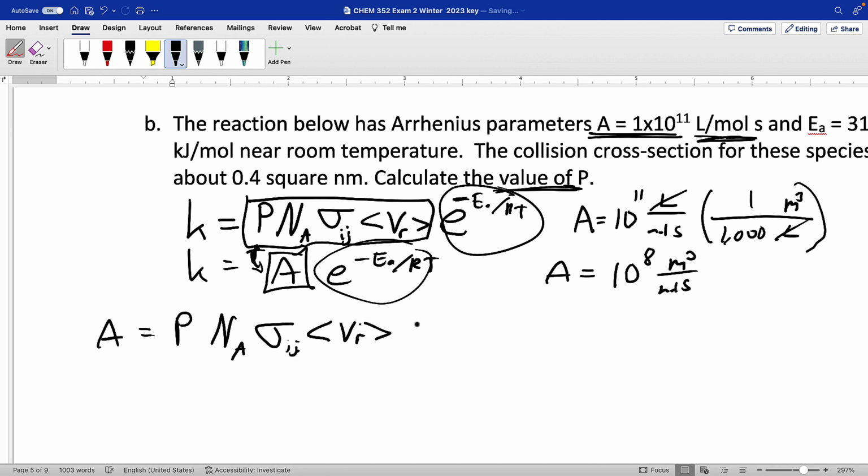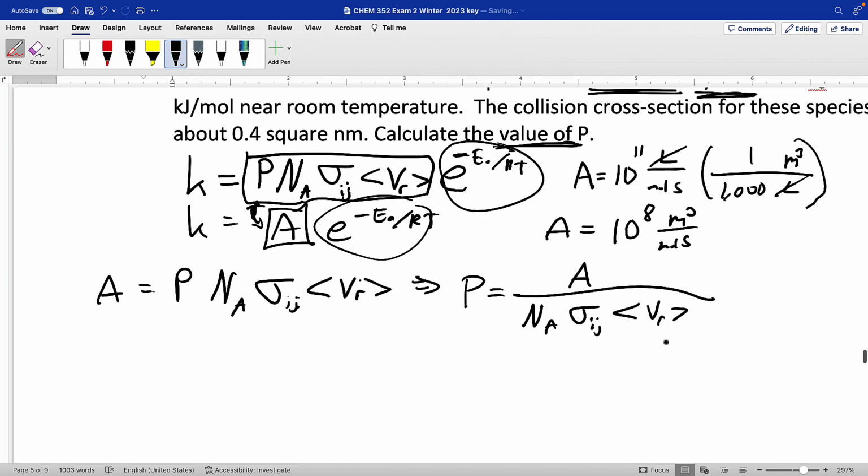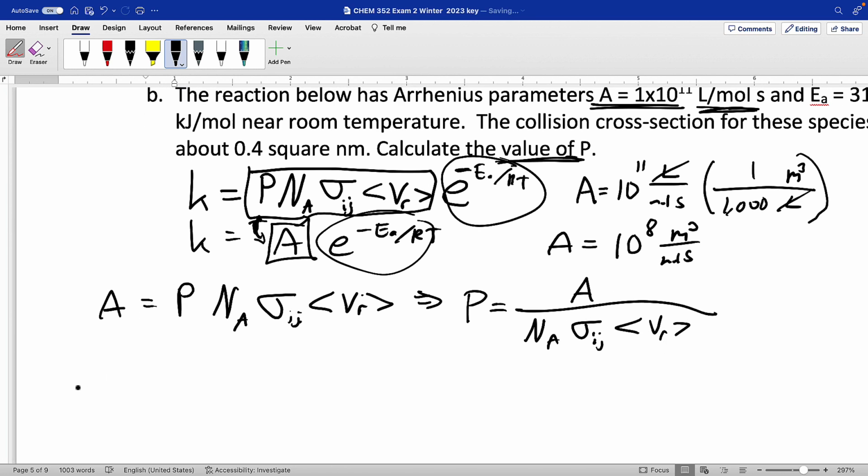And so we can solve that for our steric factor P. So it's whatever our Arrhenius factor is divided by Avogadro's number, collision cross section, and the relative speed. And then at this point, we have numbers for everything except for relative speed. So we have to do relative speed. And to do relative speed, we have to do the reduced mass. And we could do this in terms of molecular mass or molar mass. Molar mass is easier, so let's do this.